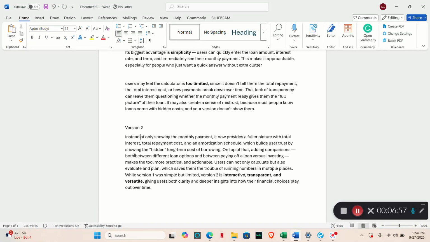Users can not only calculate but also evaluate and plan, which saves them the trouble of running numbers in multiple places. While version 1 was simpler, it was more limited. In version 2, it is interactive, transparent, and versatile, giving users clarity and deep insight into how their financial choices play out over time.